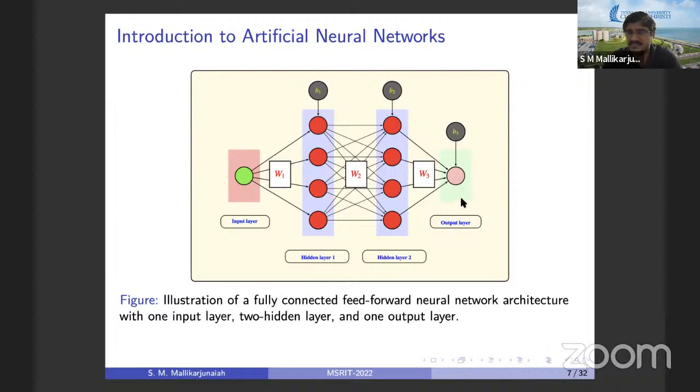Again, this can be a scalar quantity or a scalar quantity at vector positions. In between we have what we call hidden layers. In this figure, I've used two hidden layers. Basically, you can just have one hidden layer.